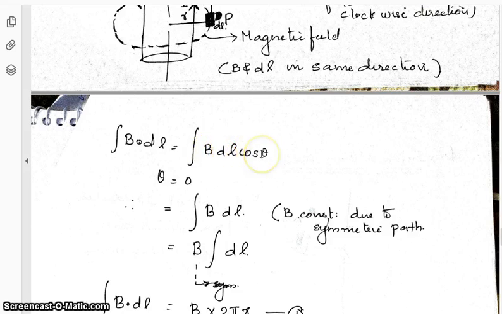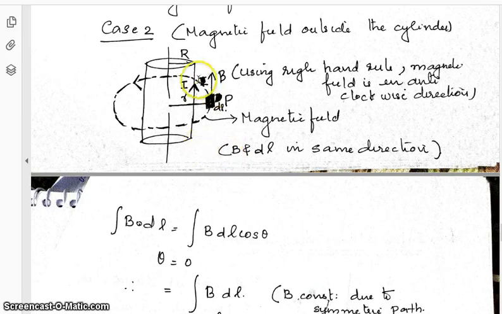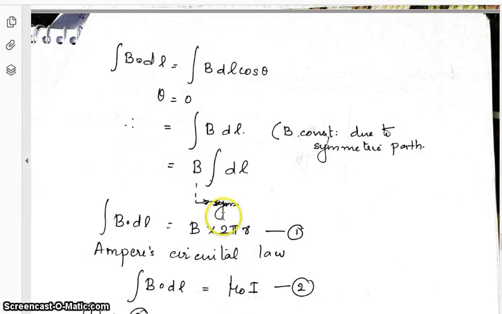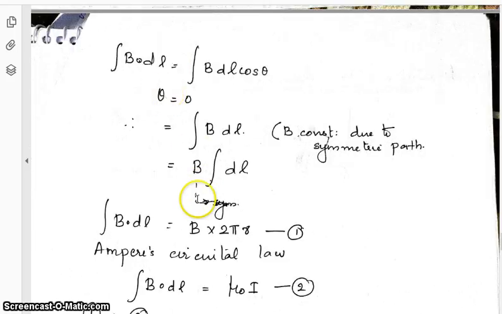Since B and dl are in the same direction, the theta value is 0, so I can write integral B dl, and since the path is symmetric, B will be constant, so I can take B outside, finally integral dl. So what is dl? dl is the total length of this dotted portion, that is the circumference of my circle, that is equal to 2 pi r, where r is the distance of the point P from the axis of the cylinder. So I can write B into 2 pi r.